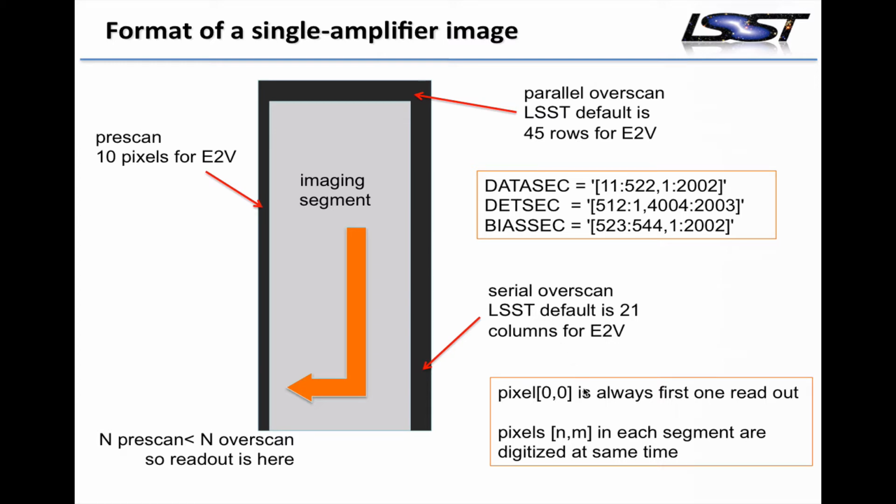And in the nomenclature of Python, the first element in the pixel array is element 00. That's the first one read out. It's always the case that in a single detector, all pixels that share an index are digitized at the same time, and that's important in order to do crosstalk correction. We typically have 20 or so overscan pixels in the serial direction and about 45 rows of overscan in the parallel direction.